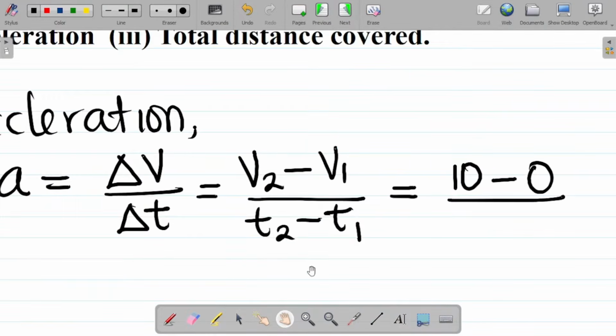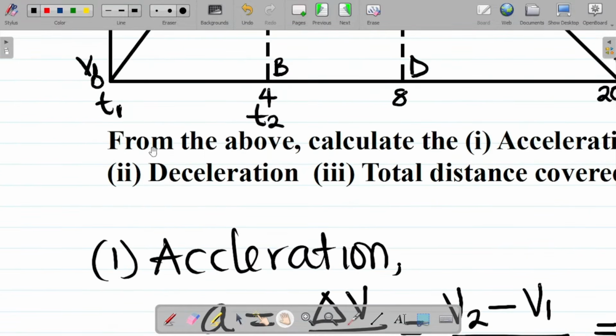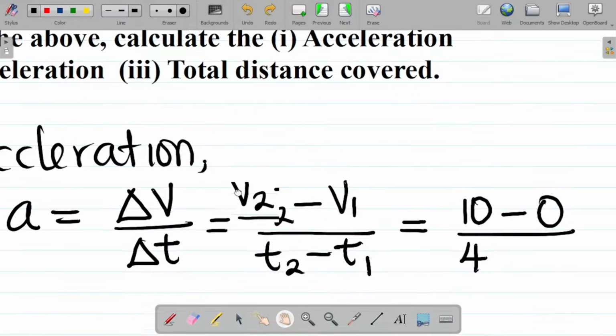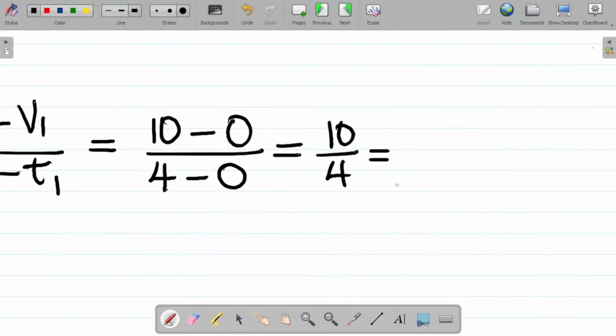So I have 4 minus T1, which is this point here. You can see the value there is 0. So T1 is 0. If I punch this, 10 minus 0 gives you 10, all over 4 minus 0 gives you 4. And 10 over 4 gives about 2.5. So I have the value here as 2.5.